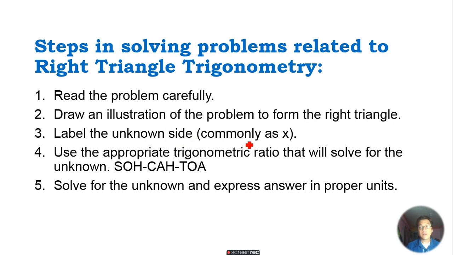When we label, commonly we designate that with X. Number 4, use the appropriate trigonometric ratio that will solve for the unknown. You're just going to choose either sine, cosine, or tangent, depending on the given. And lastly, number 5, solve for the unknown and express our answer in proper units. All right, let's proceed with the problems.